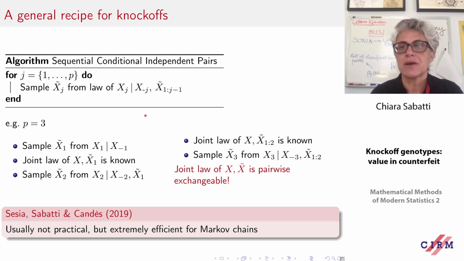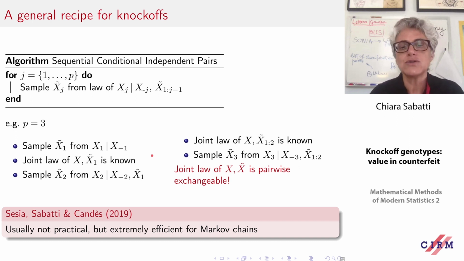The assumption we are going to make is that we know the joint distribution of the variables. So we're going to assume that we know the joint distribution of x1, x2, and x3. Given this knowledge, we can sample the knockoff for x1 from the conditional distribution of x1 given x2 and x3.